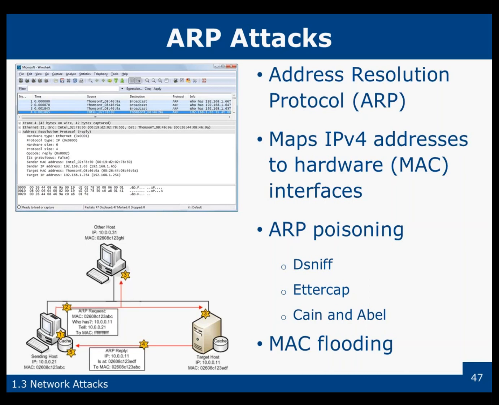That's one of the ways to do a man-in-the-middle attack, and that's what this picture down here is about. When we do an ARP, it's a broadcast ARP: tell who has 192.168.1.1, tell whoever. What it's looking for is the MAC address. We have an ARP request and then an ARP reply. The ARP request is a broadcast, and the ARP reply is typically a unicast because it goes back to the individual that asked the question.